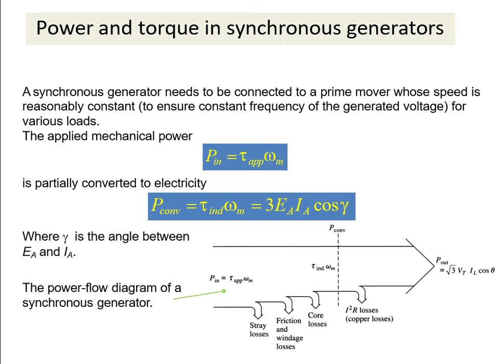P conversion is equal to tau induced into Wm, which is 3 EA IA cos gamma, where gamma is the angle between EA and IA.